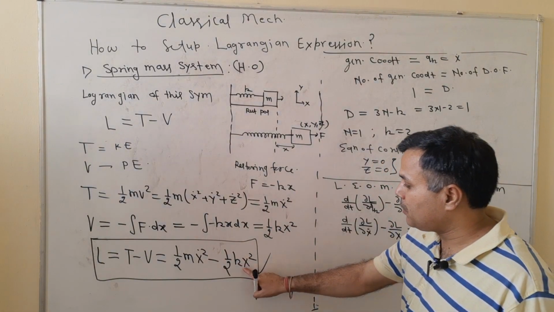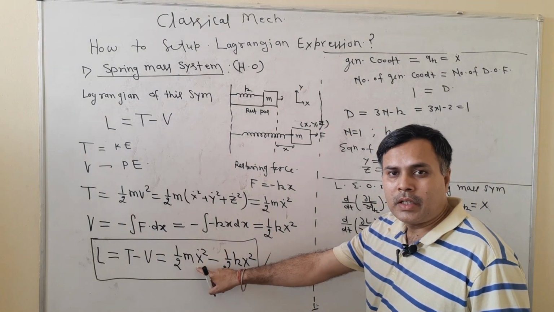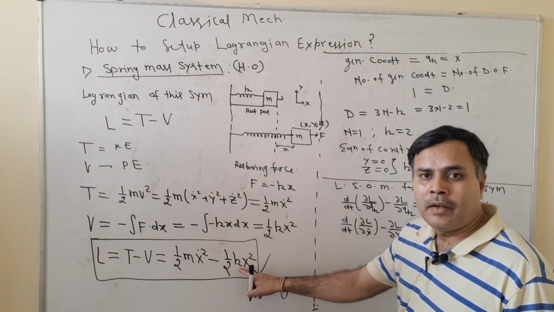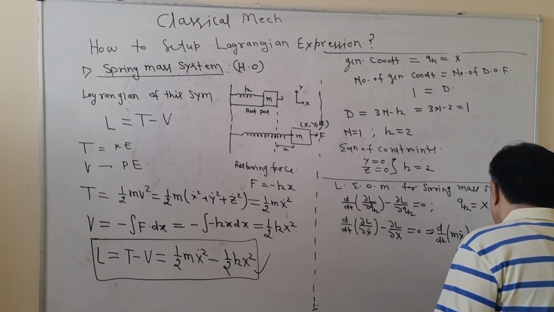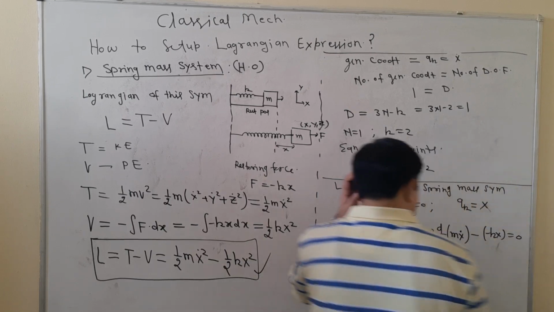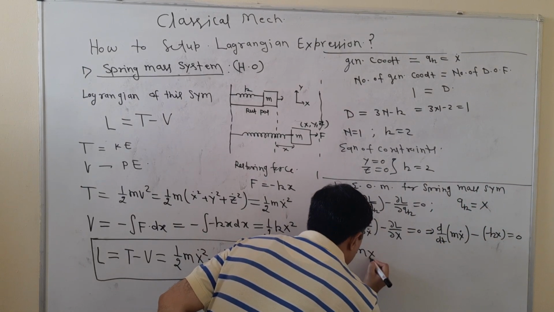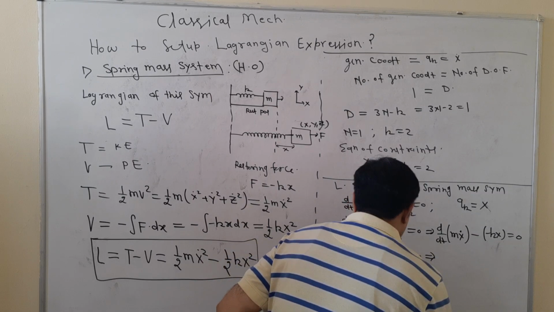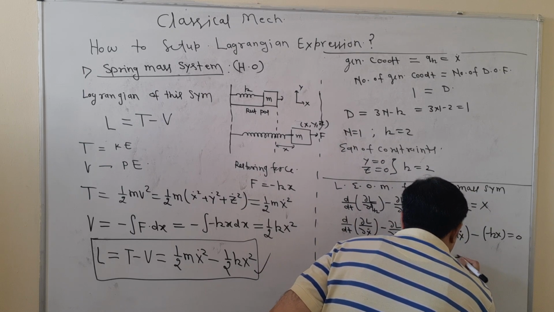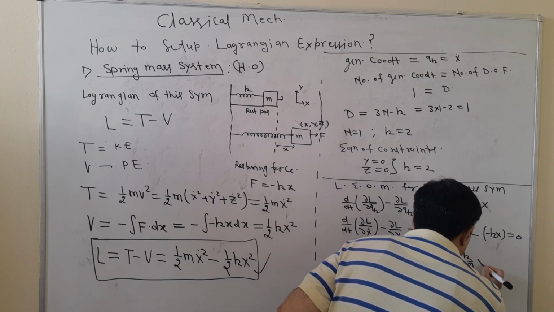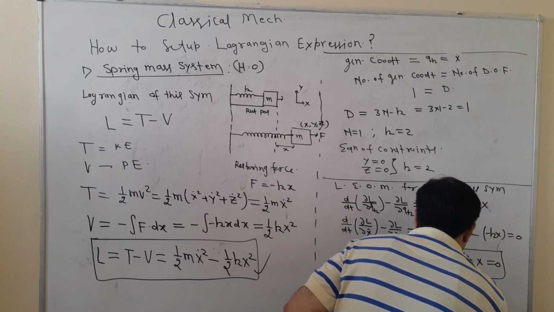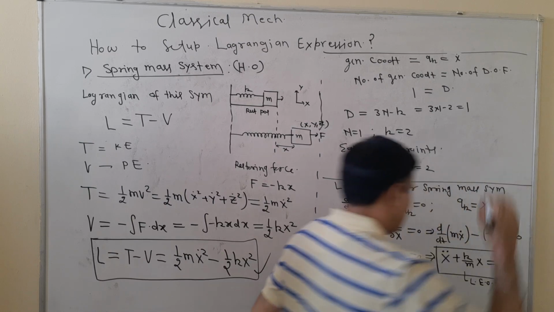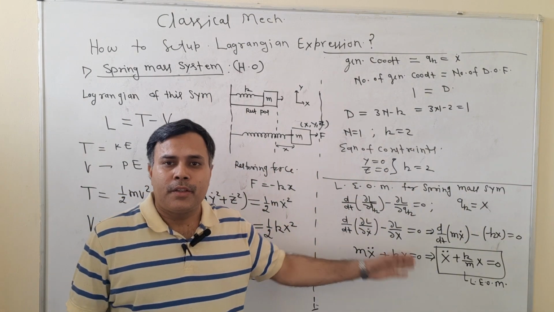If you differentiate partially with respect to x, x dot is constant, so that is 0, and we have twice half kx, the 2 cancels out, and we have only minus kx, which is equal to 0. So the final result is simply m x double dot plus kx equal to 0, which further implies that x double dot plus k by m x equal to 0.